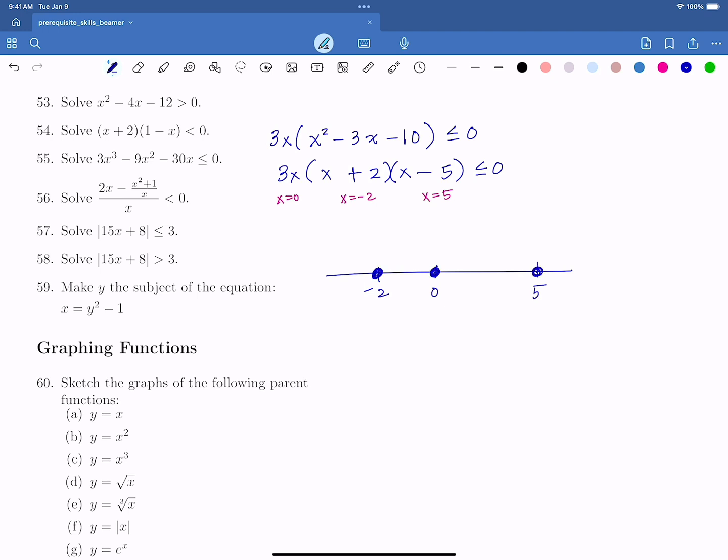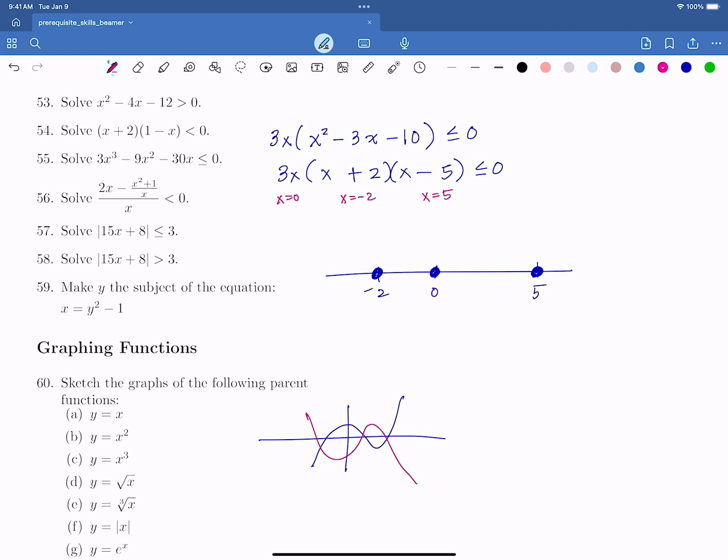This is where it's equal to 0. But I also want to know where it's less than 0. It's cubic and it has 3 roots, so it has to look like either this or it could be coming down like this. We need to know which one it is.